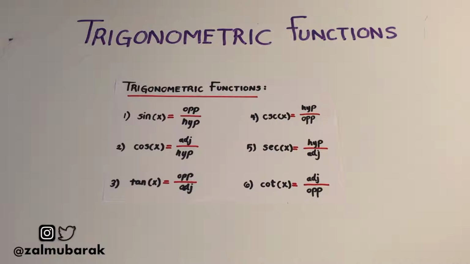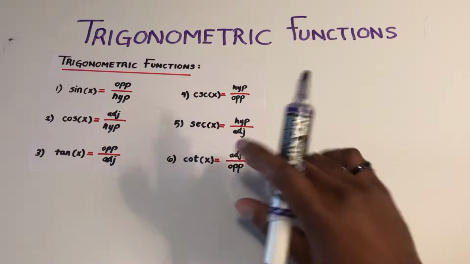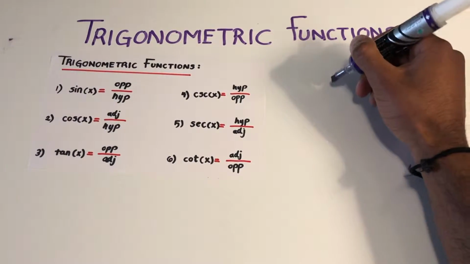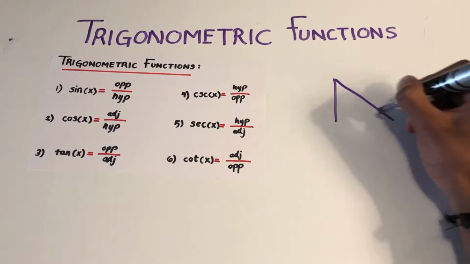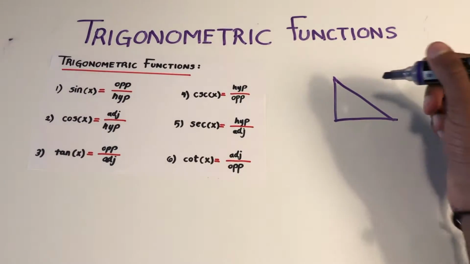These set of functions center around a right triangle and right triangles only, in which we're studying a random angle and the measure of each side of the right triangle, such as in this case. For instance, let's say we have this right triangle.